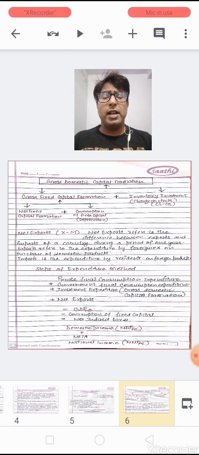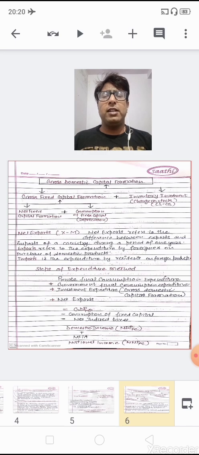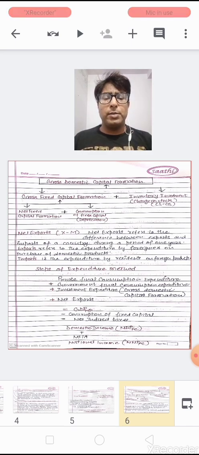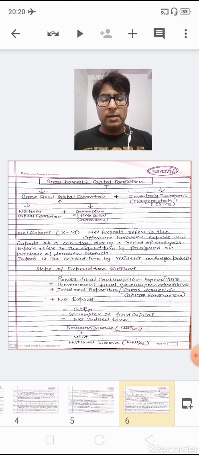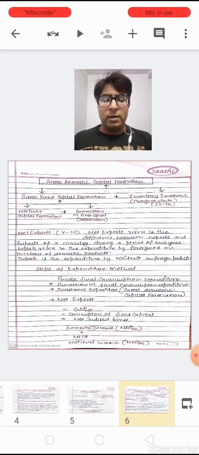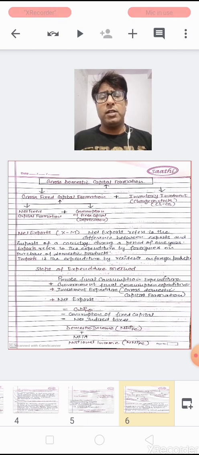By adding all the expenditure of these heads, we will get the value of GDP MP, which is known as gross domestic product at market price. And once we get the value of GDP MP, we can easily reach NNP FC, which is known as the national income, by subtracting the consumption of fixed capital, which is known as depreciation, and by subtracting the net indirect taxes, which we know as NIT.